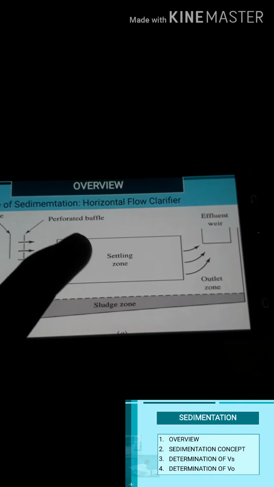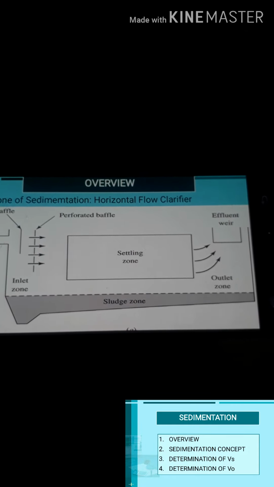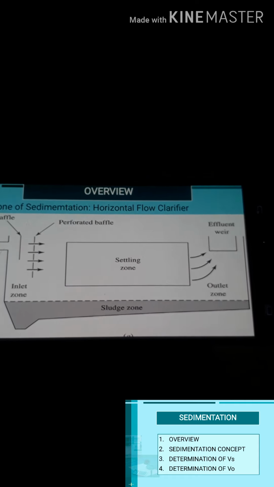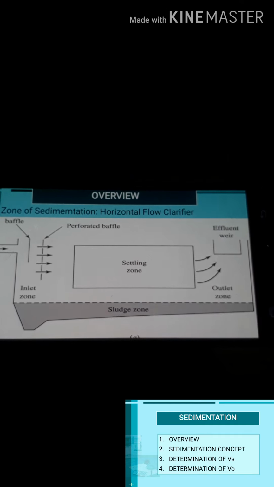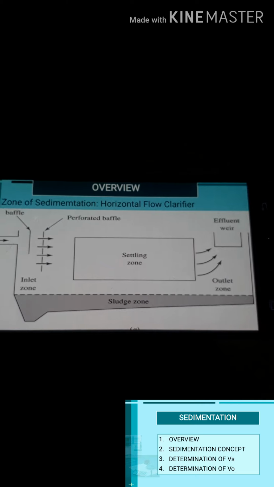This is the inlet zone. With a well-designed inlet baffle system, the inlet zone extends approximately 1.5 meters down the length of the tank. Proper inlet zone design may be the most important aspect of the removal efficiency.